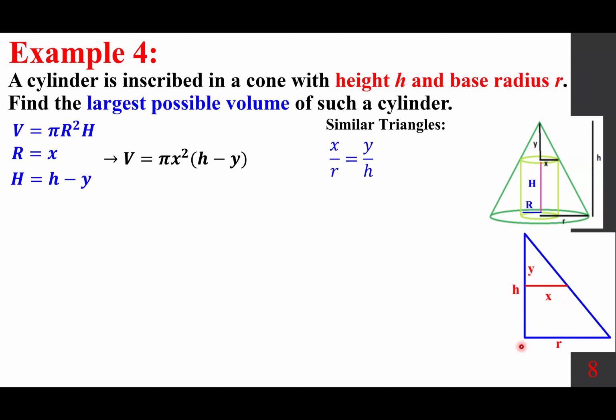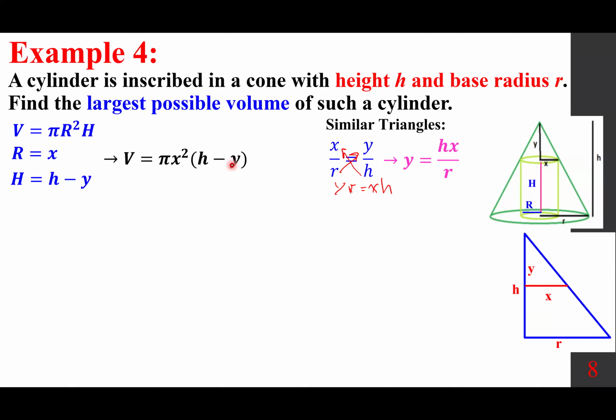So we can see that, cross product: y times r is x times h, and if you divide by r, you get y. So y is hx over r, and that's exactly what we are going to do.